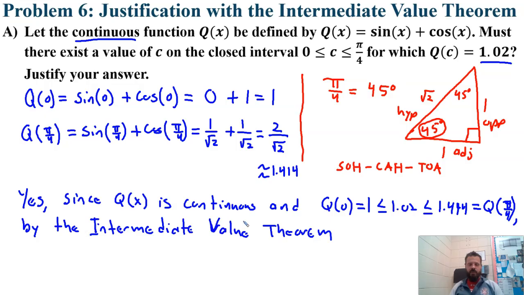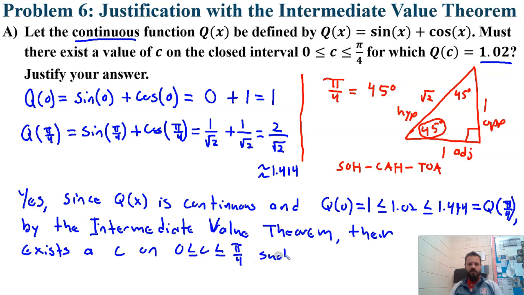Sounds better. By the Intermediate Value Theorem, there exists a c on the interval 0 less than or equal to c less than or equal to pi over 4 such that q of c equals 1.02.